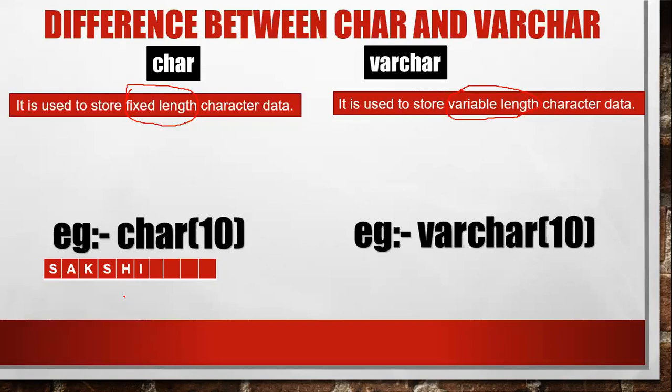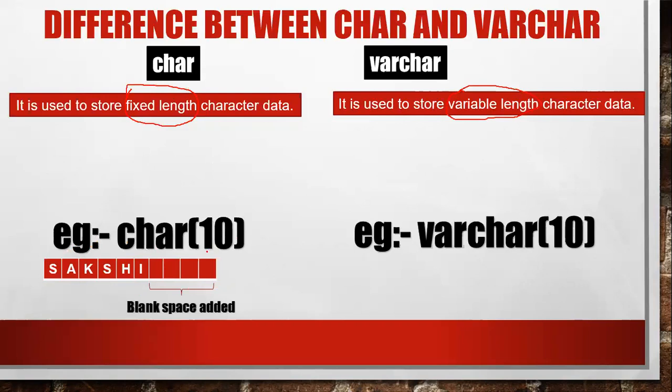But in case of char, it will not leave it blank. It will consume these 4 spaces also. How? It will fill blank spaces in it, so that the entire 10 space area is consumed. It will never leave this field empty. It will just fill a blank character in it, so that the entire size must be used. So that's why we call it fixed length. Why?